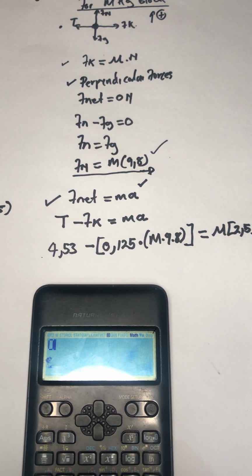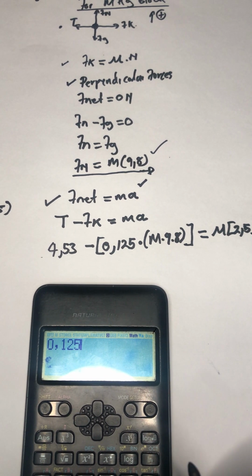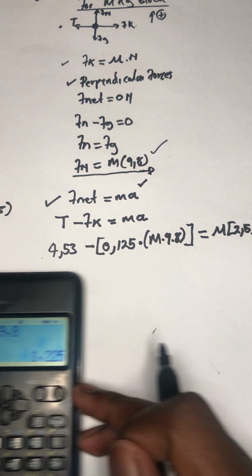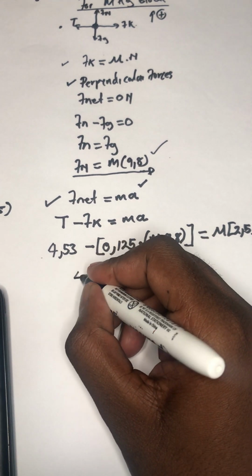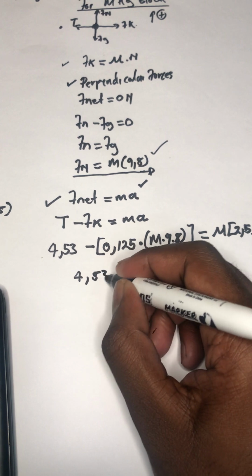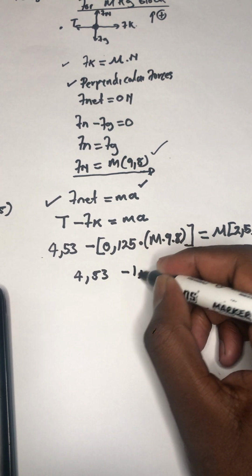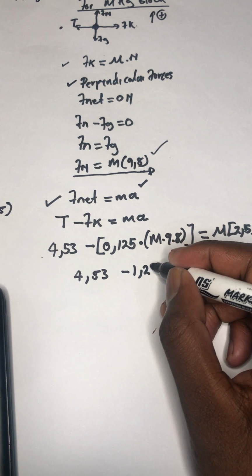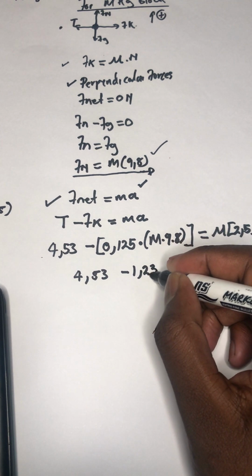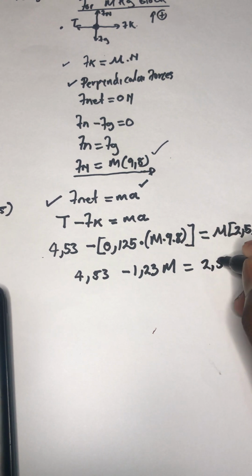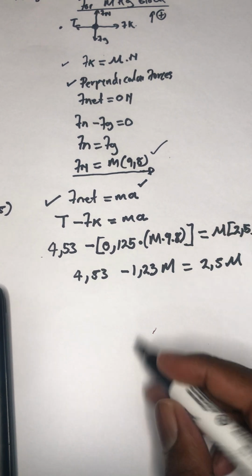We have 0.125 times 9.8, which is 1.225. So this is 4.53 minus 1.23 m is equal to 2.5 m.